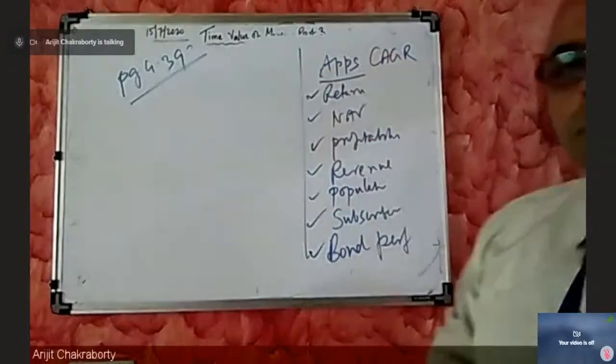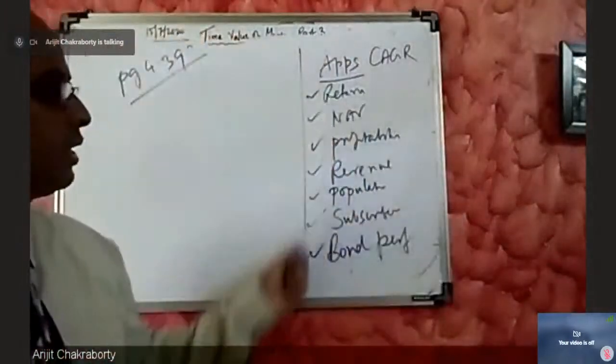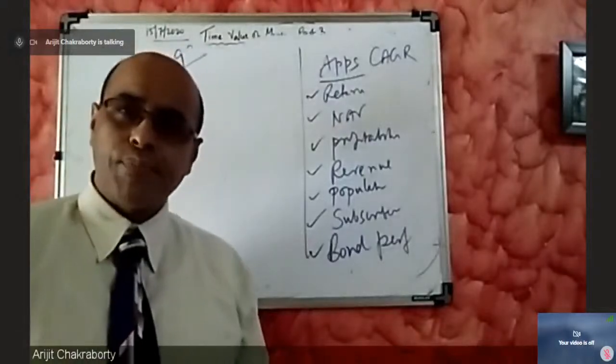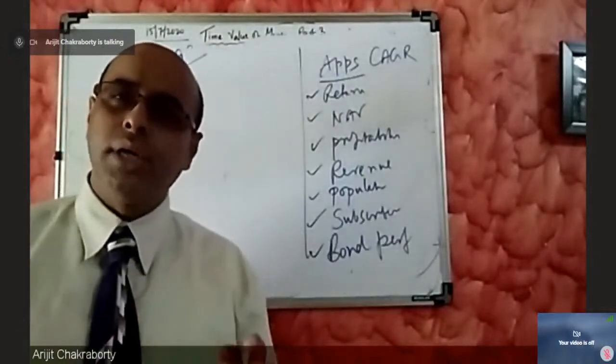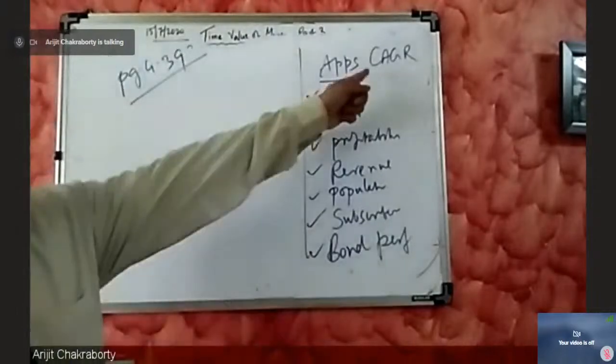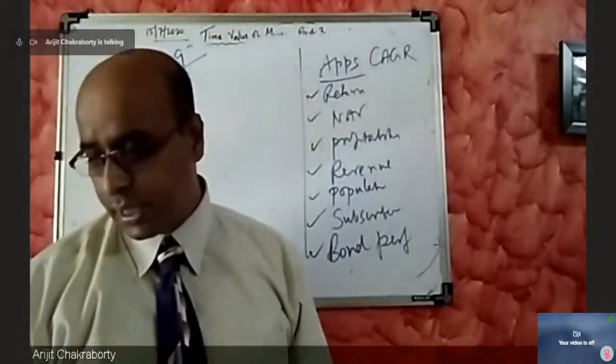For all these performance related figures, it is usually CAGR, compounded annual growth rate, which is used. So these are the applications.